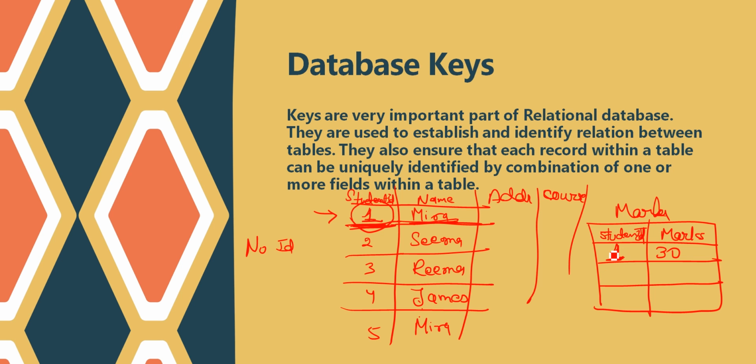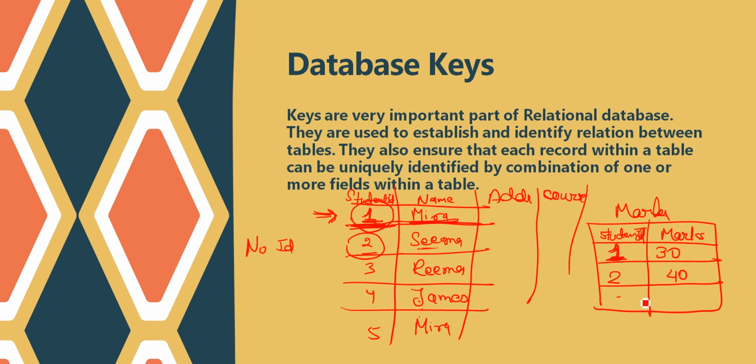Now student ID 1 got 30 marks, so I will go to the different table and search for 1. Okay, here is 1, so this Meera got 30 marks. Now let's say Seema got 40 marks, so instead of writing the name here, I'll write ID 2 with 40 marks. Student ID 2 means that this Seema got 40 marks.